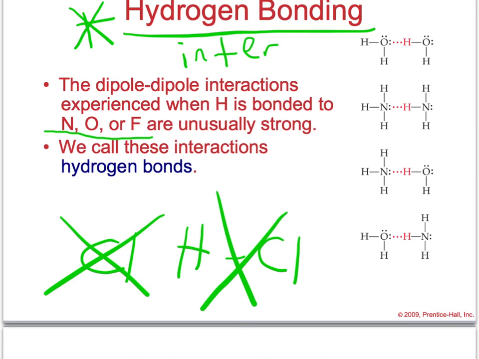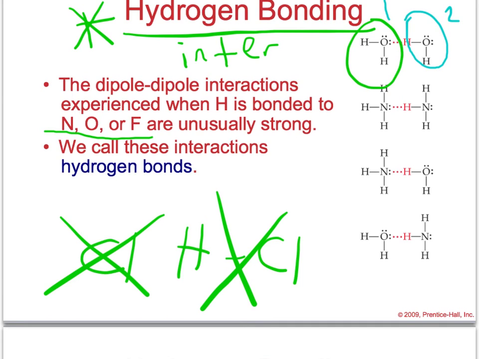Inter, which means we have a water here, and another water here, and another water here. This is water number 1. This is water number 2. The electrons on the oxygen of water number 1 interact with the hydrogen of another molecule.